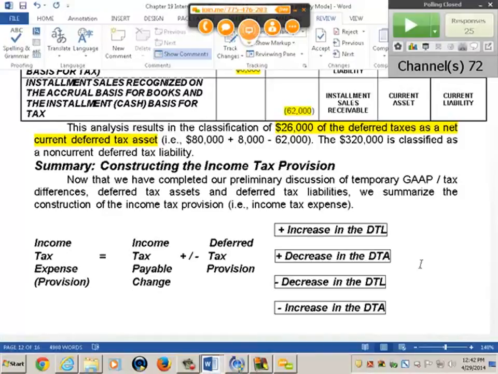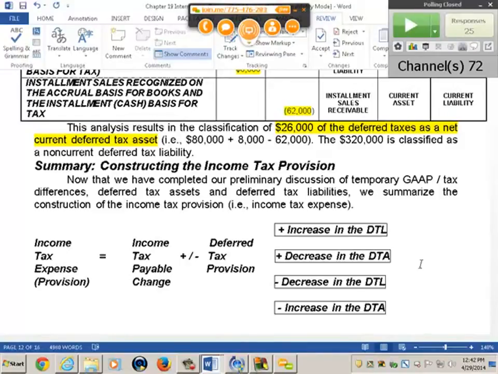Again, a lot of people have trouble building the tax provision, so I put this in. Again, I want you to understand as much as possible. You need to remember that the tax provision itself, the expense, is a debit. The change in the payable, the current provision, is a credit.